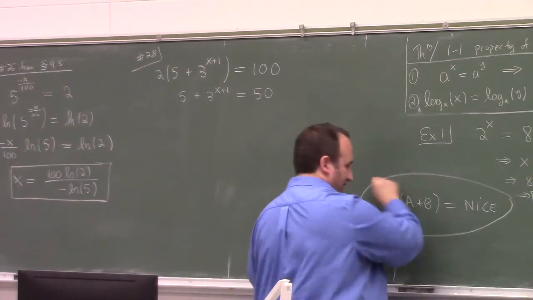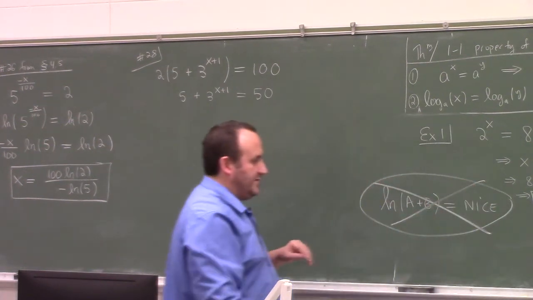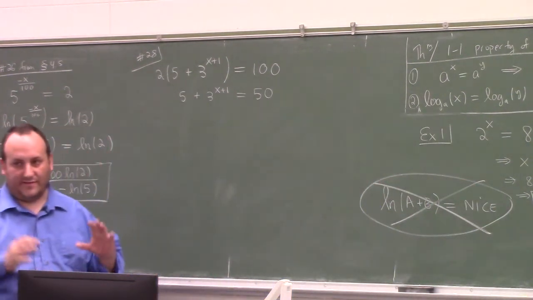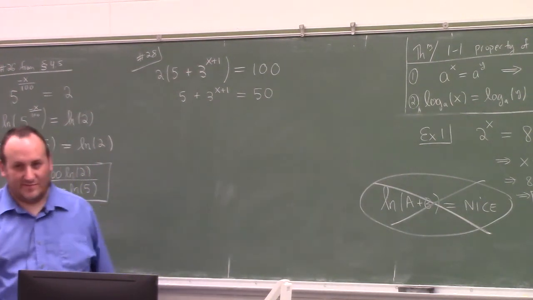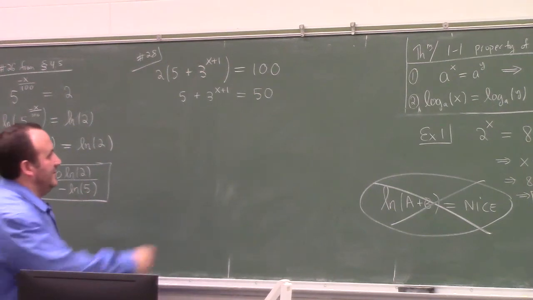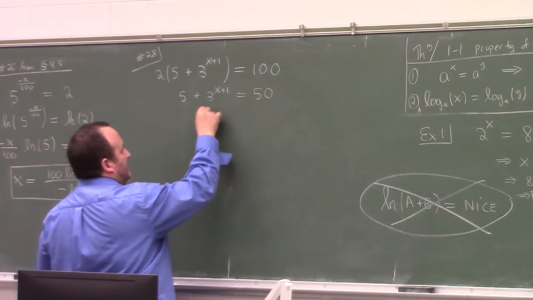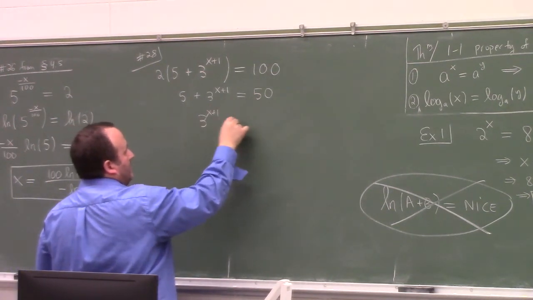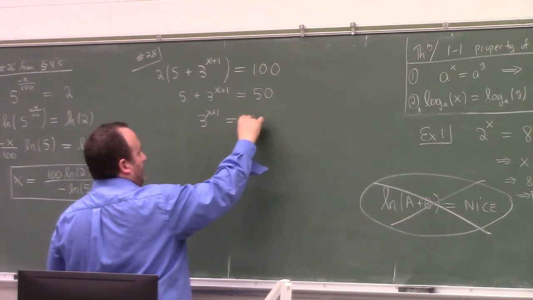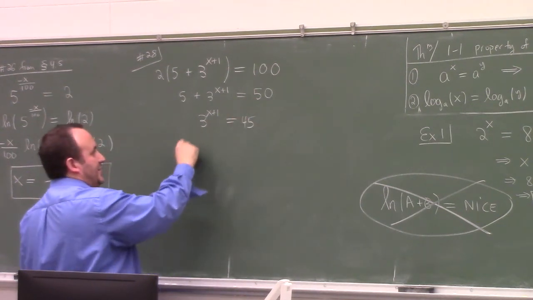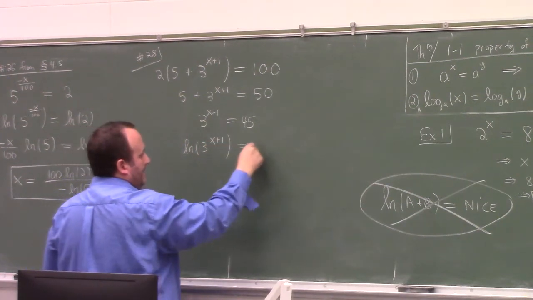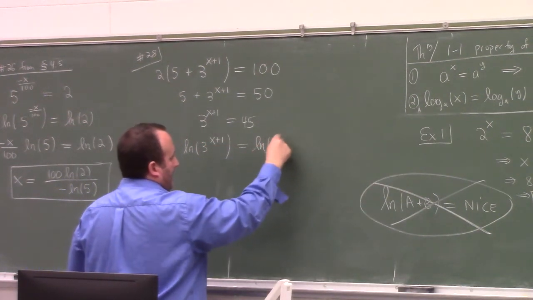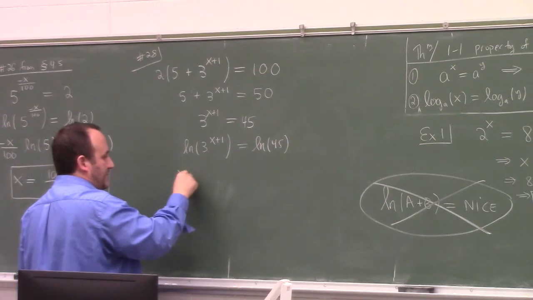This is false. There's no such rule. Like natural log of a sum, nothing happens. So we have to isolate 3 to the x plus 1. So that's 45. Now ln, now take the ln. Take out the x plus 1.